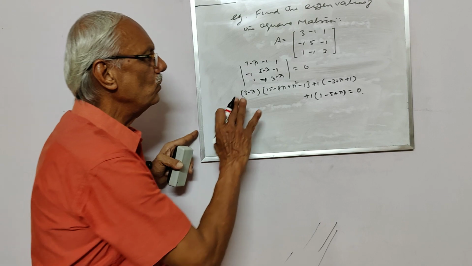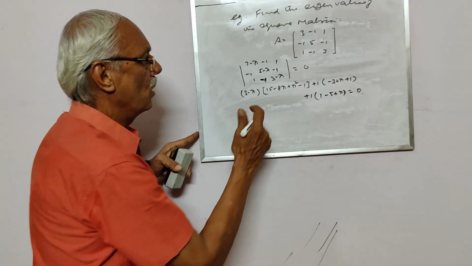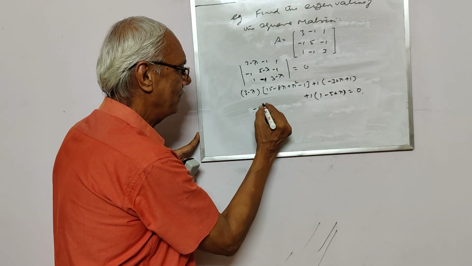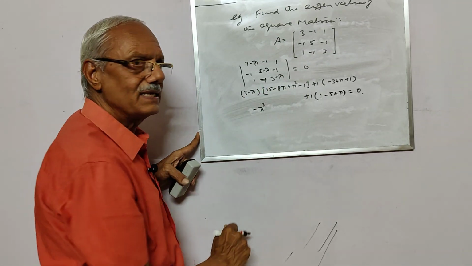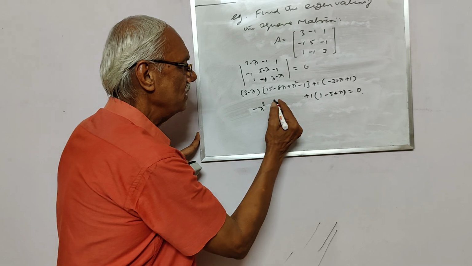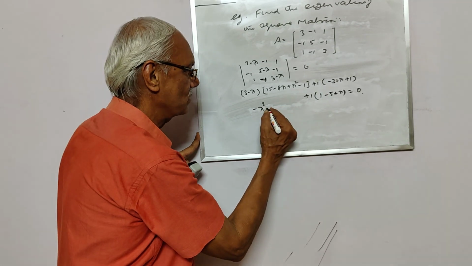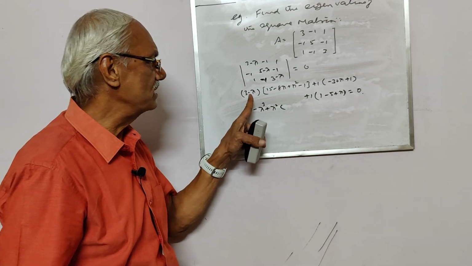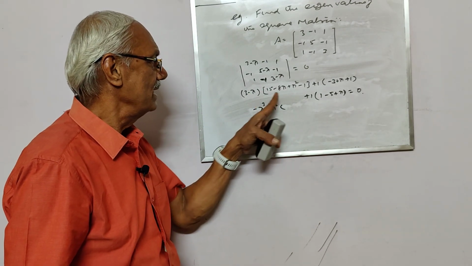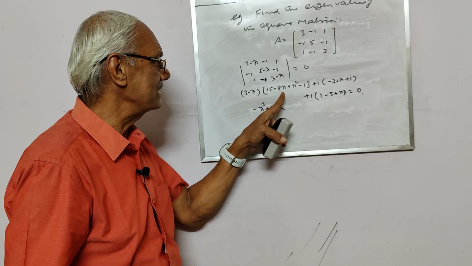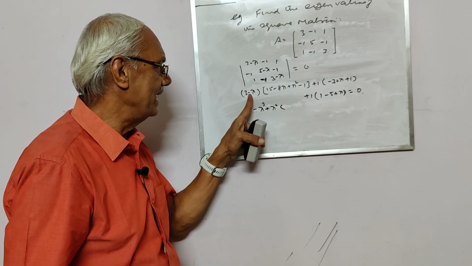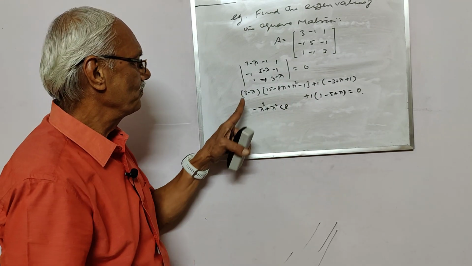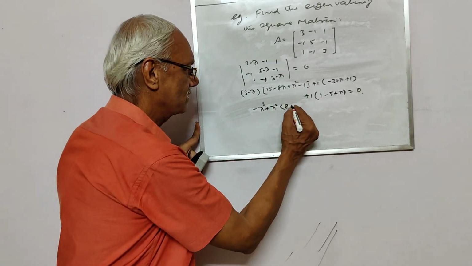If you do the simplification, you go for minus lambda cubed, then collect the coefficients of lambda squared: 8 lambda squared plus 3 lambda squared.